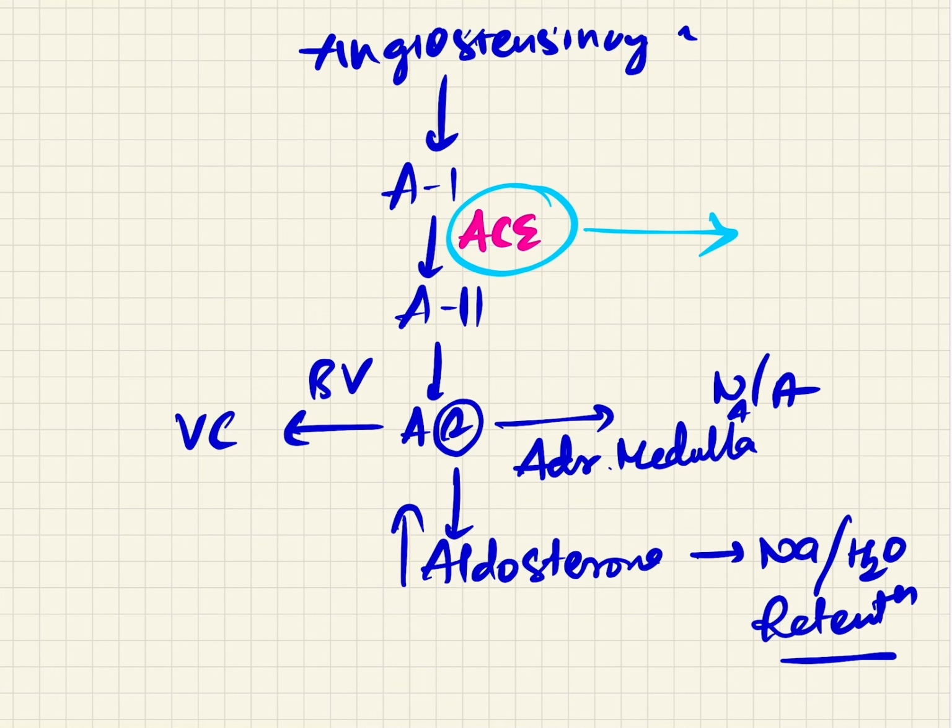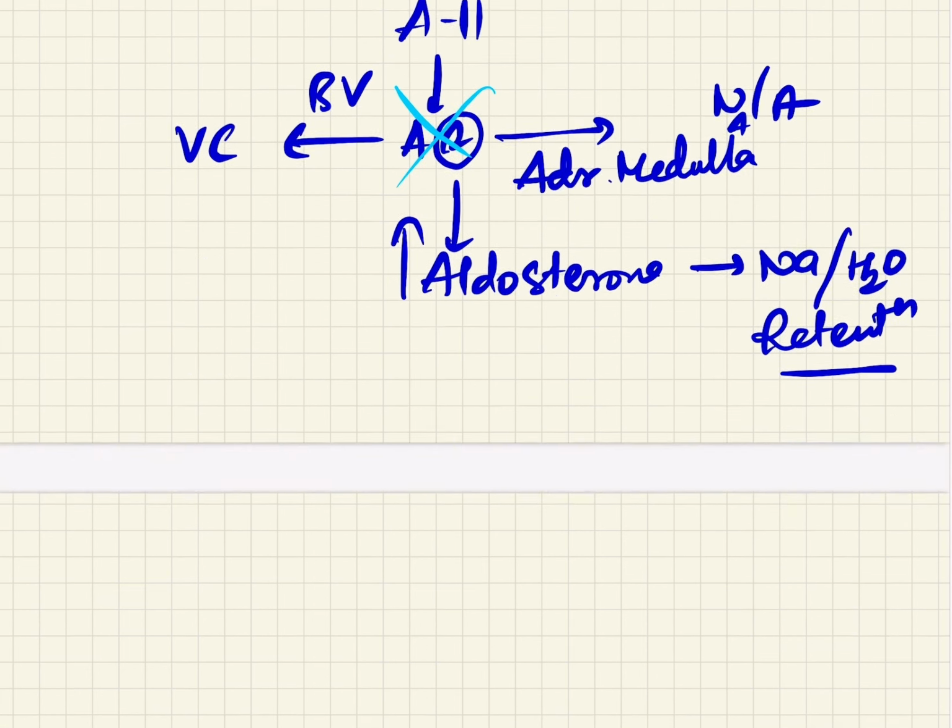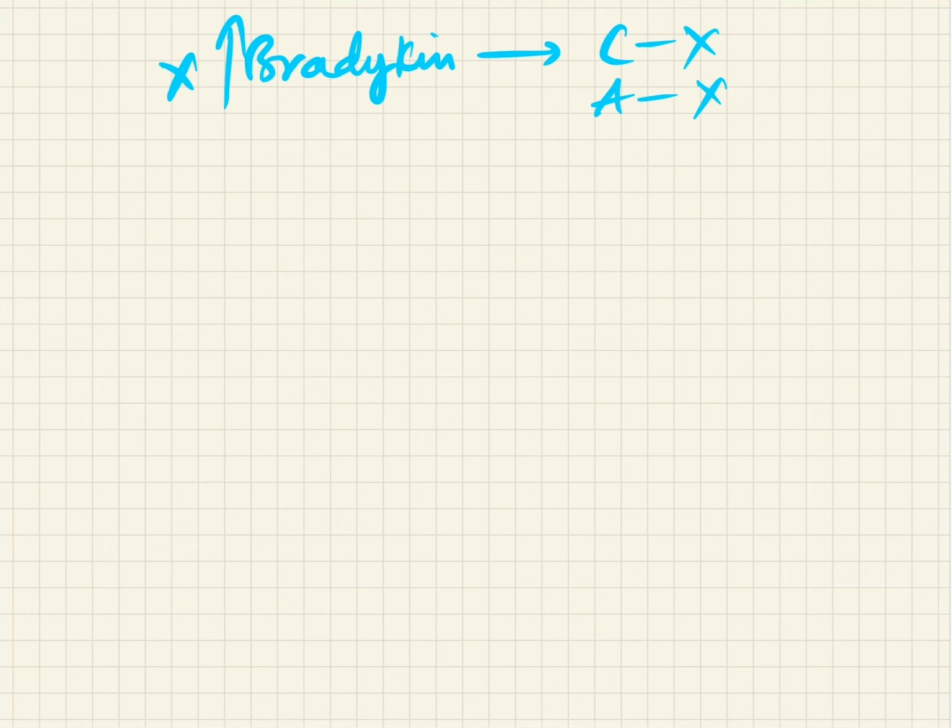So if you inhibit it, bradykinin effects are also seen. But when you inhibit the receptor directly, there is no increase in bradykinin. As a result, the first two adverse effects, CA, there is no dry cough and there is no angioedema.